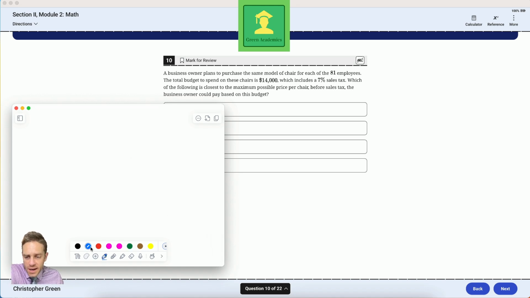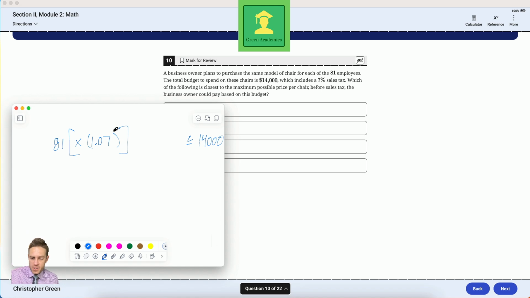So of course on the right hand side you want it to come out to be less than or equal to $14,000. And then you have 81 times the price per chair with its tax increase. So a 7% sales tax is increasing by 7%, which is multiplying by 1.07.